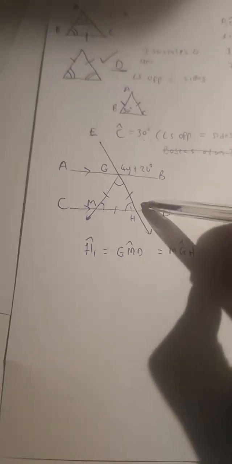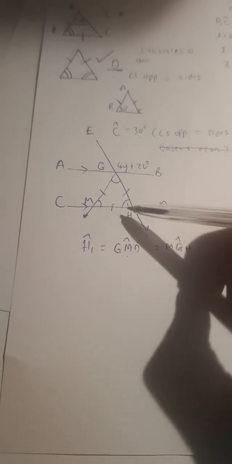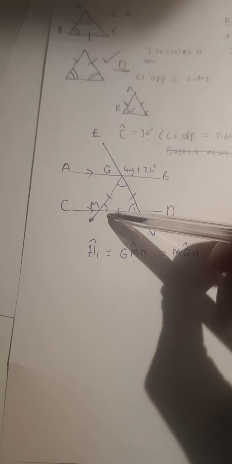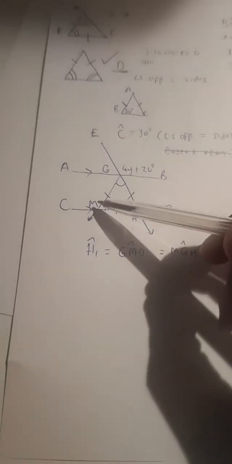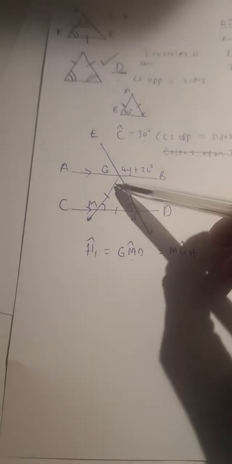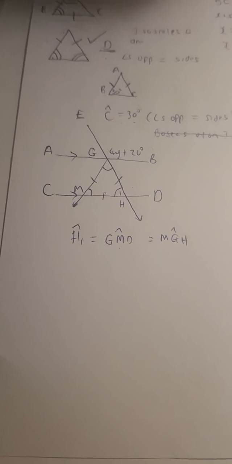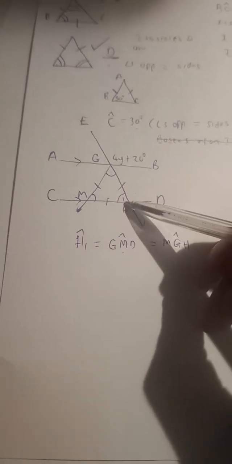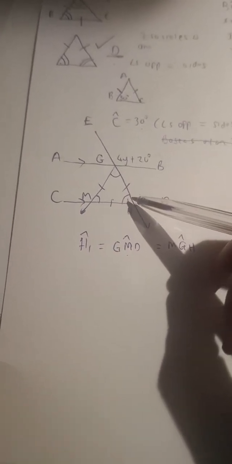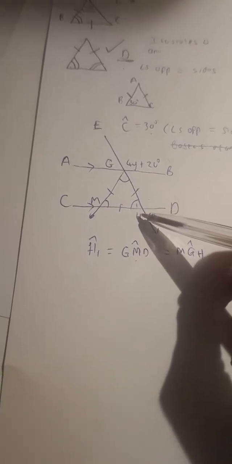Now I'm very specific in doing this. Angle H1, which is that, is equal to angle GMD. This angle is equal to angle MGH, that angle. You see the middle letter indicates the angle I'm referring to. I could say H1 here because in the diagram itself, I have been provided with 1 here. So this is angle H1.